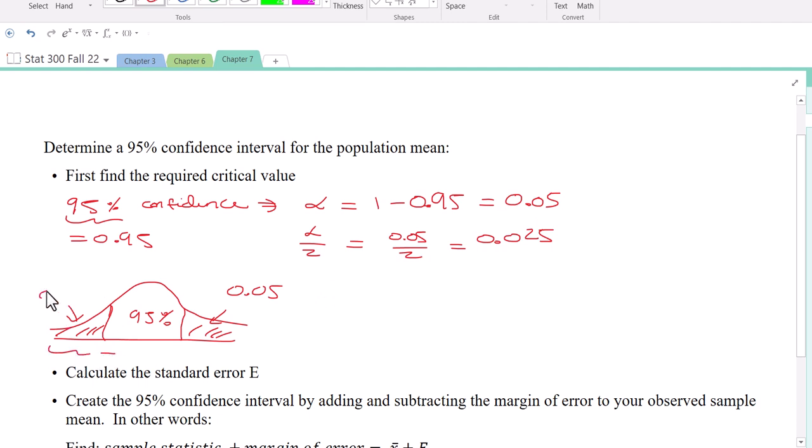So this is 0.025. That's why it says either look at one tail and that will be 0.025, or if you look at the two tails, then you're looking at 0.05 total. So when you're looking at your table, that's what we're looking at.